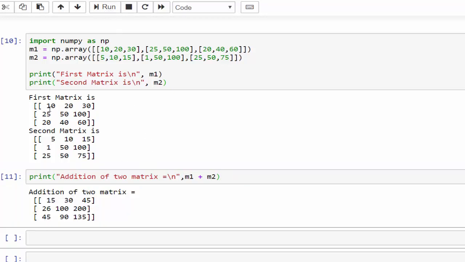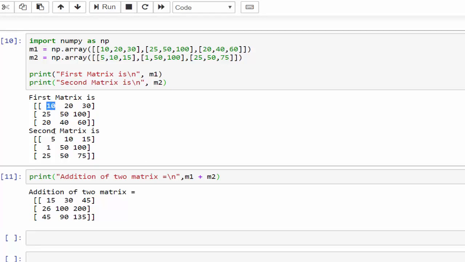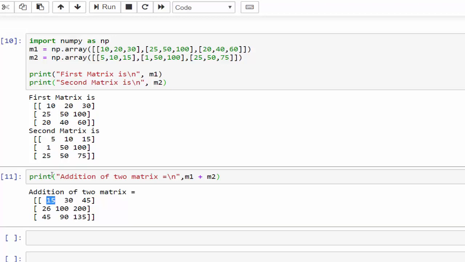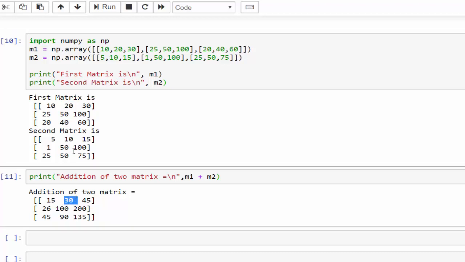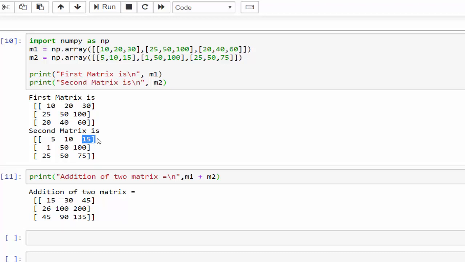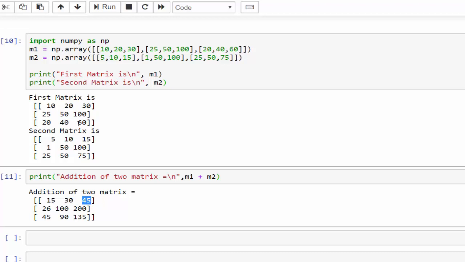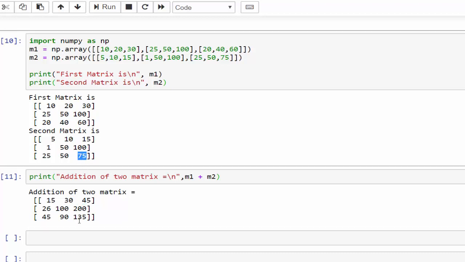What exactly happened here is the first element of matrix 1 is added to the first element of matrix 2. That is 10 plus 5 equal to 15. Same way 20 plus 10, it is 30. 30 plus 15, it is 45. Then 60 plus 75, it is 135.